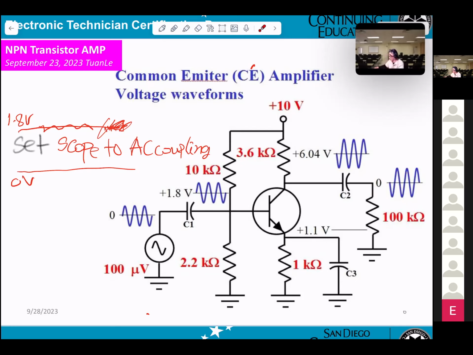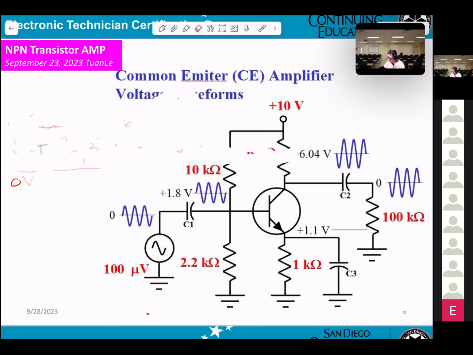Okay, first thing, any question on that? Comment at emitter. If you see this circuitry, you must tell me this is a common emitter. Input applied to the base, output from the collector. C1 will be DC blocking or AC coupling. C2, same thing, DC blocking, AC coupling.